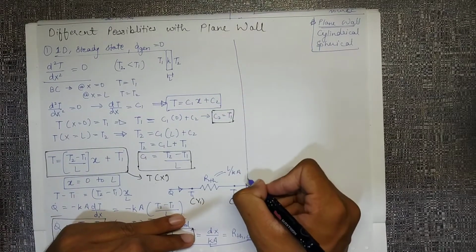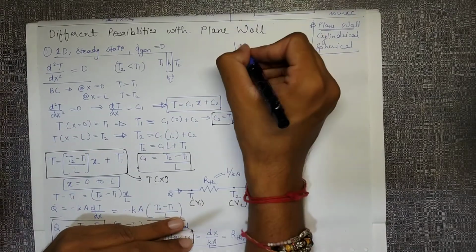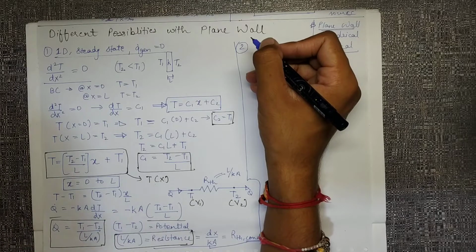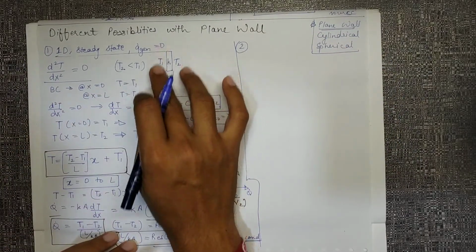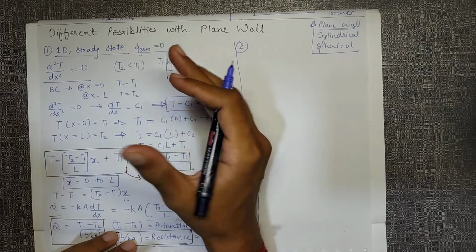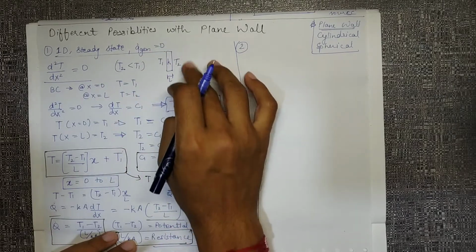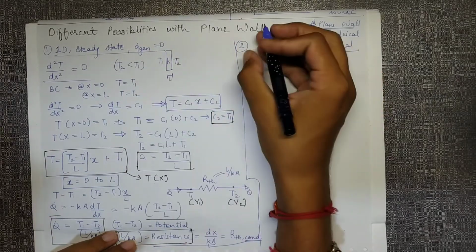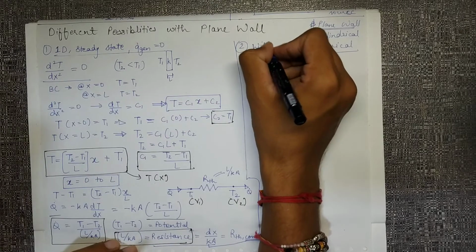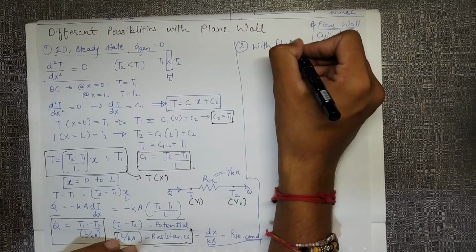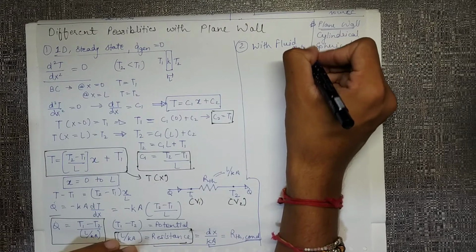The second possibility is that there is convection. Over here earlier we assumed there is no fluid moving, but over here we assume fluid motion over the wall.